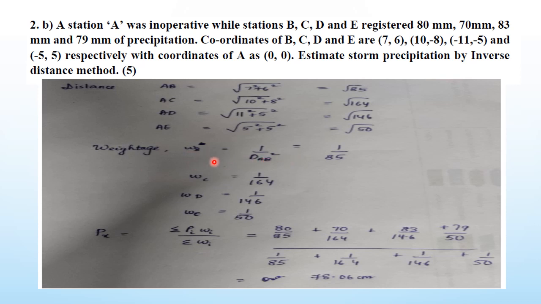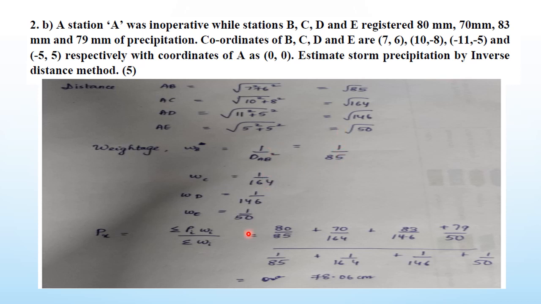So the weightage of B is equal to 1 by D square. If you increase the distance, the weightage decreases. If the distance is less, the weightage increases. Like that, find the weightage. W is equal to 1 by DAB square, that is 1 by 85.